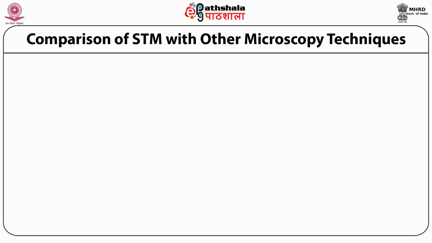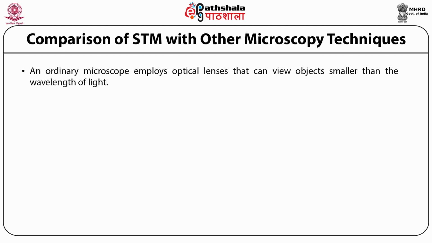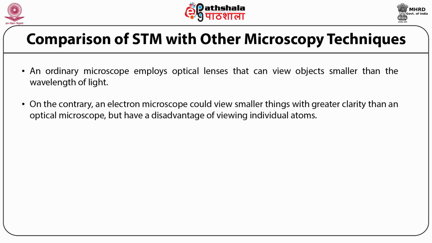Comparison of STM with other microscopy techniques. An ordinary microscope employs optical lenses that can view objects only down to about the wavelength of light. On the contrary, an electron microscope could view smaller things with greater clarity than an optical microscope, but has the disadvantage of not viewing individual atoms.